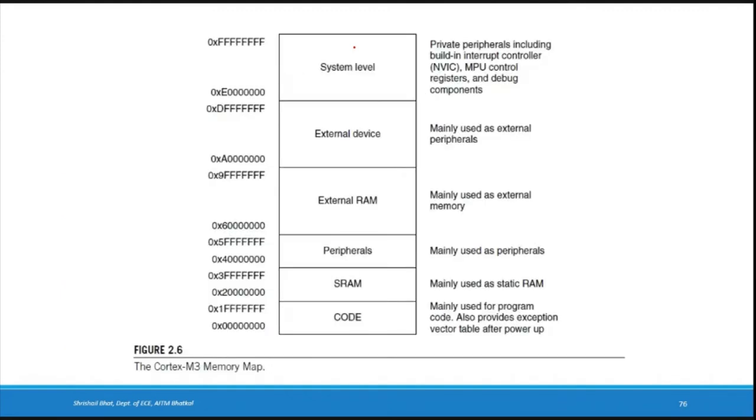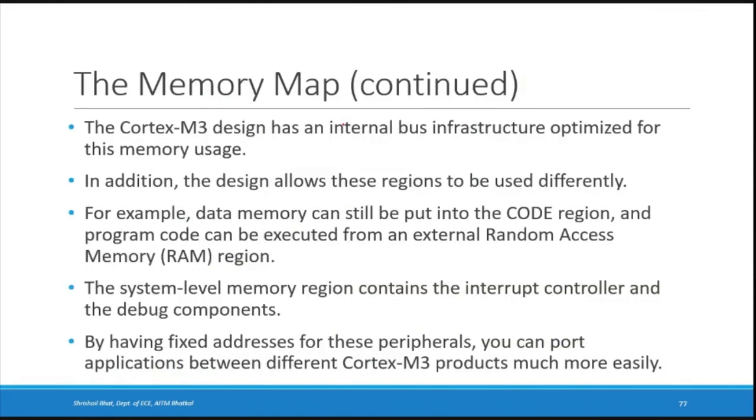If you want to change products or Cortex M3 devices, it can be done very easily without reprogramming everything, because addresses are fixed for different Cortex M3 processors. Even if you change that, with fewer modifications you can port from one product to the other.